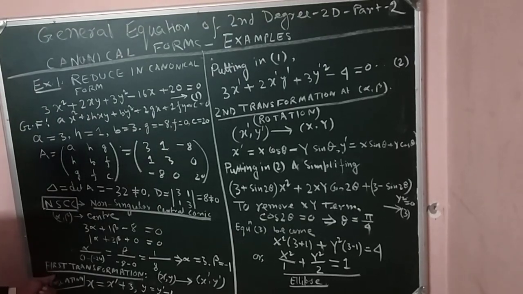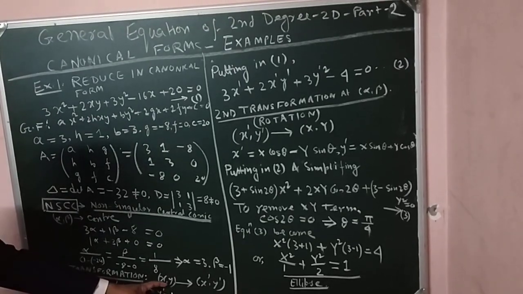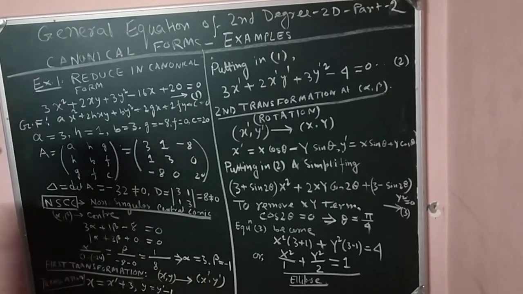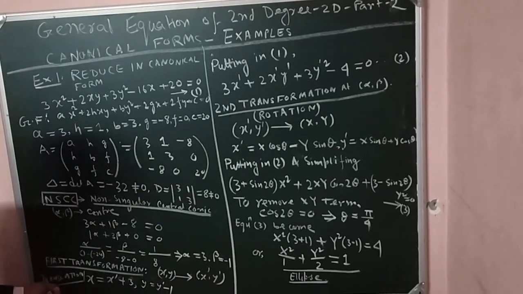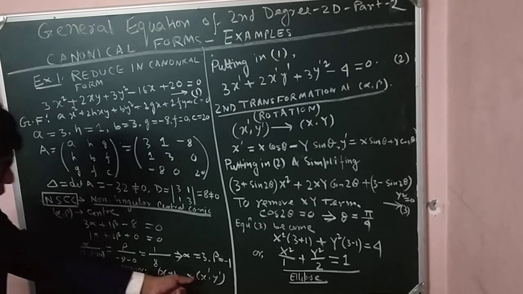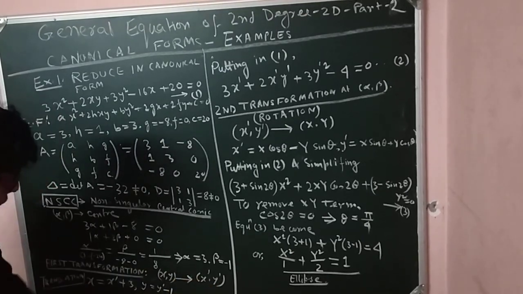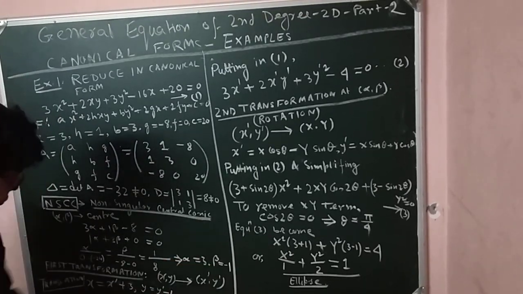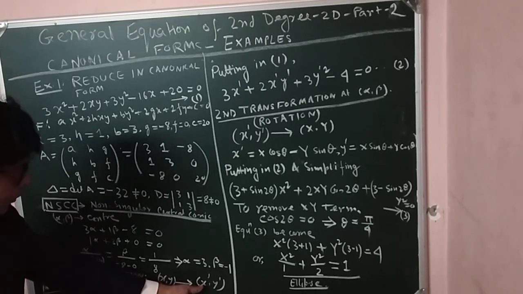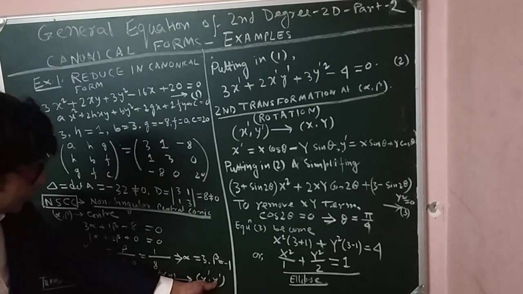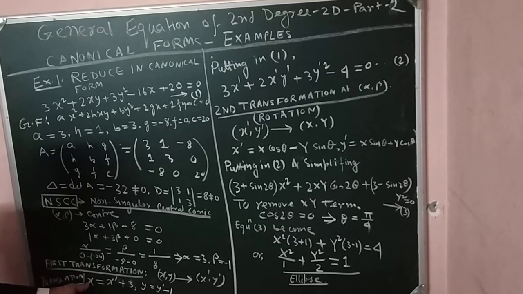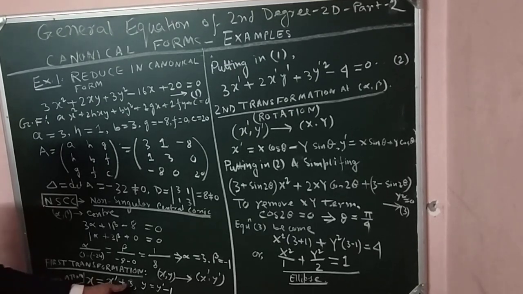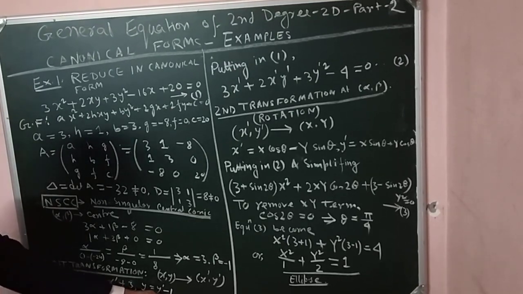The first transformation is from xy to x dash y dash. That is, we shift the origin by means of translation to alpha beta, generating a new rectilinear system x dash y dash by the transformation x equal to x dash plus 3, y equal to y dash minus 1.